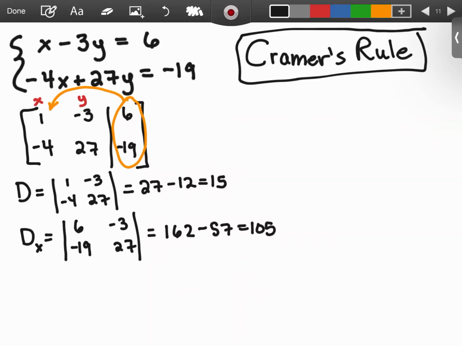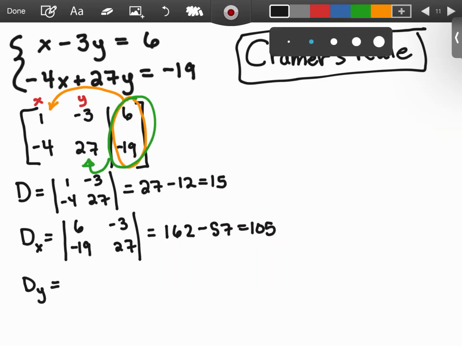Our last one, d subscript y, is going to be done pretty much the same way. But this time we're taking our solutions and replacing the y column with that. So starting with my original coefficient matrix, the x's are going to be untouched because that's not what we're solving for. The coefficients on y are going to be replaced with what these equations are equal to on the right.